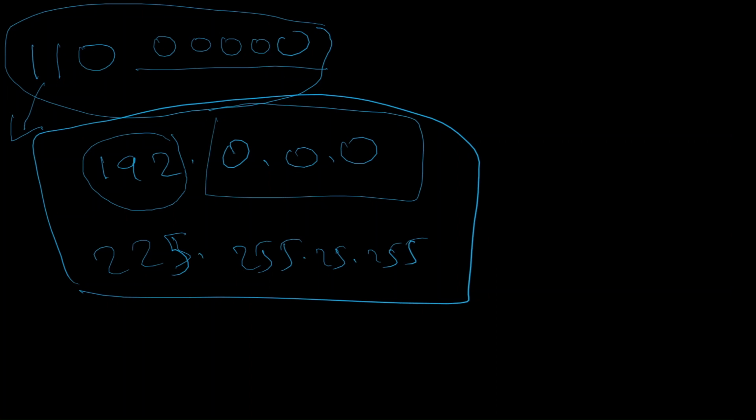So this is 223, sorry, not 225, it's 223. 223 in binary is represented as 110 followed by 5 ones.